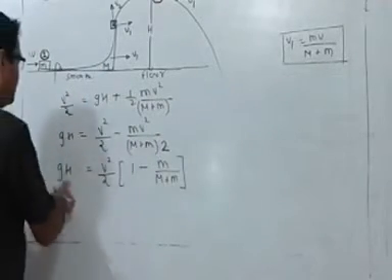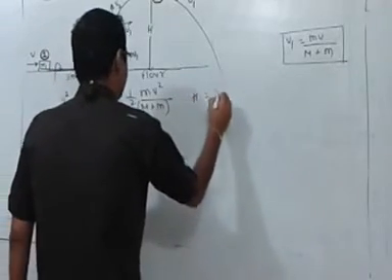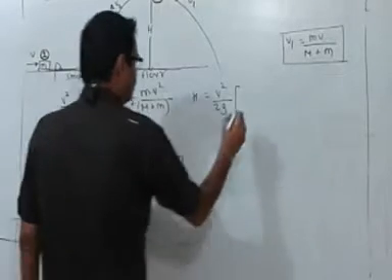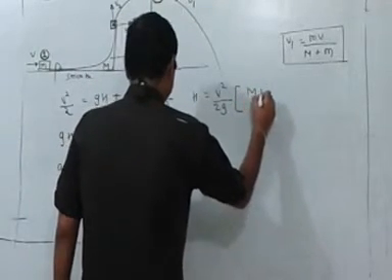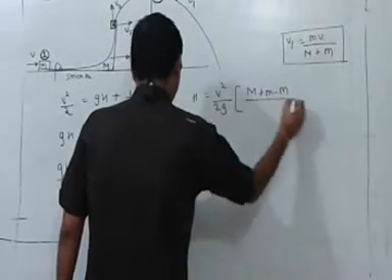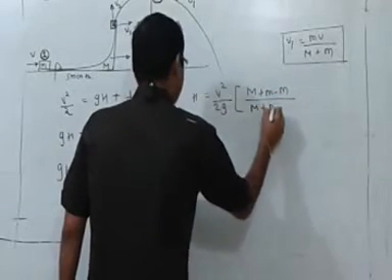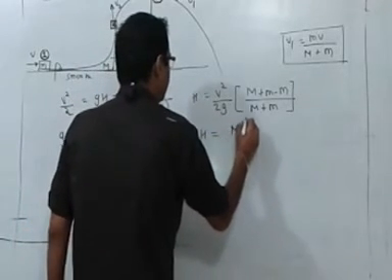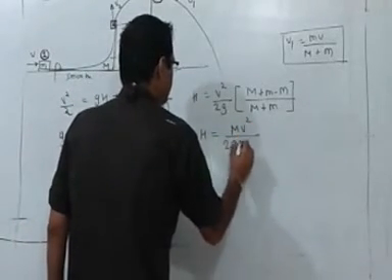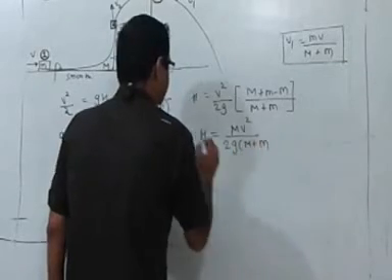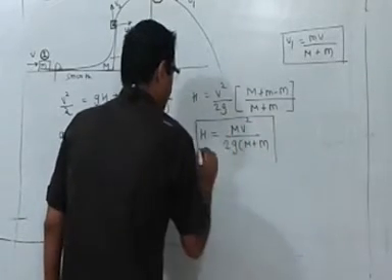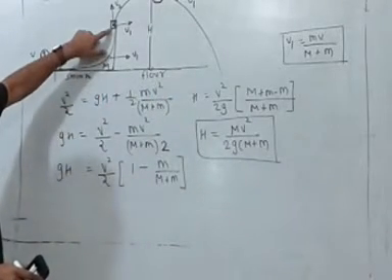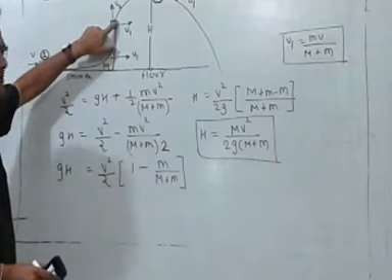So that gives me h as v square upon 2g, M plus m minus m, upon M plus m, and that gives me the final formula: M v square upon 2g into M plus m. This is the maximum height which is attained by the block after it loses contact with the ramp.